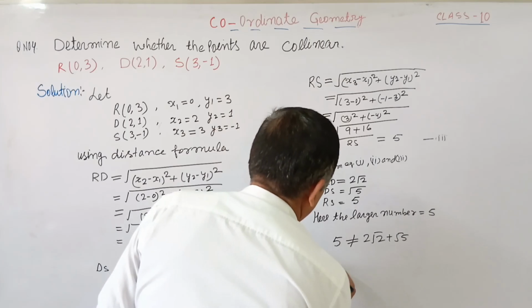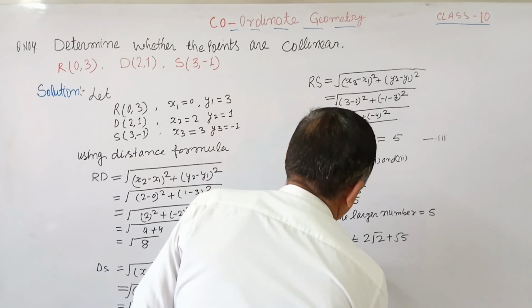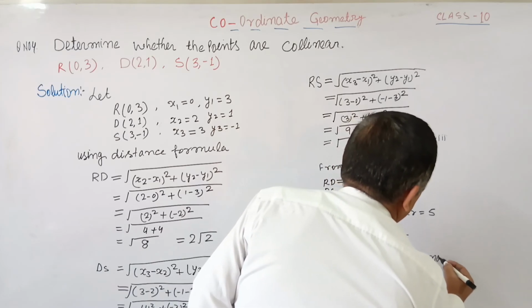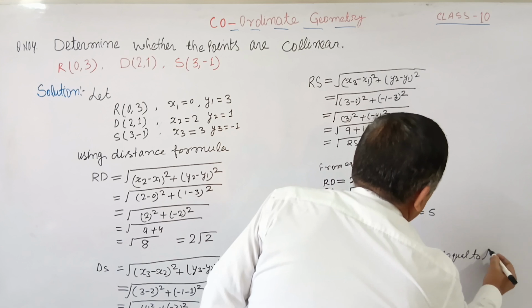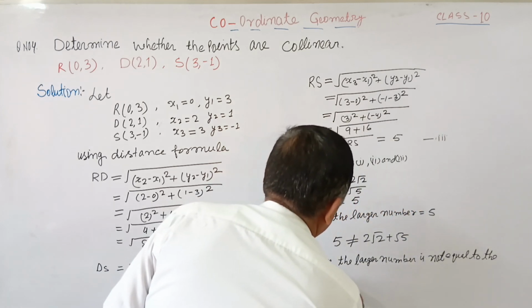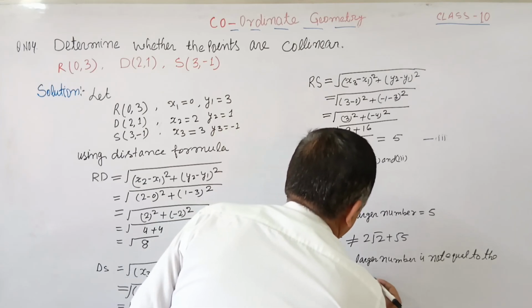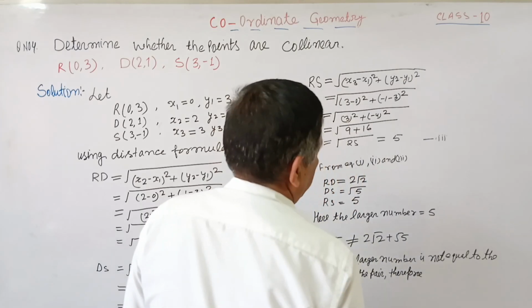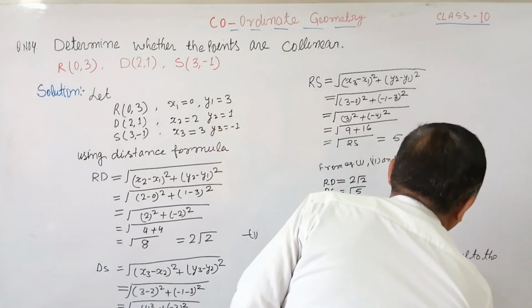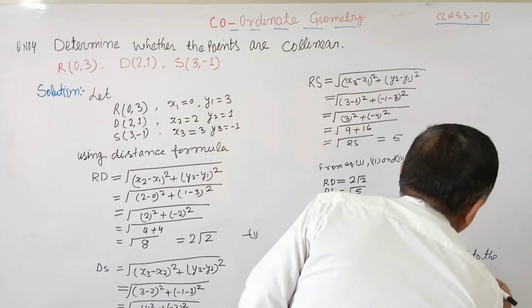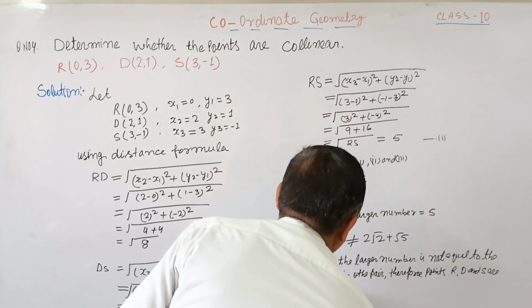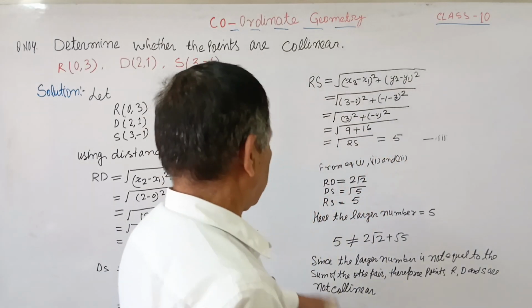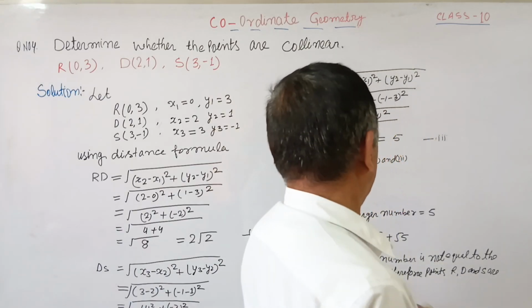Therefore, since the larger number is not equal to the sum of the other pair, points R, D and S are not collinear.